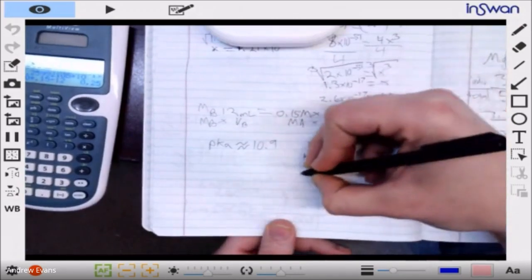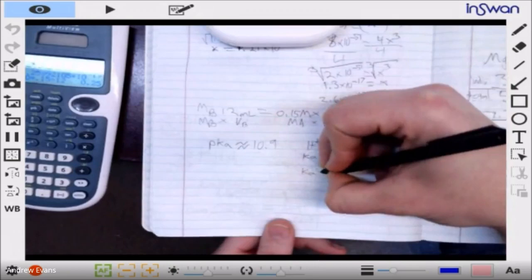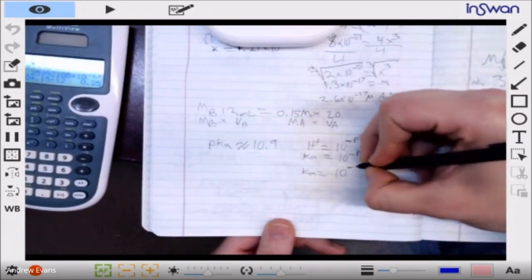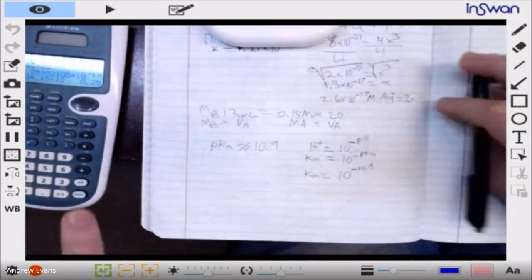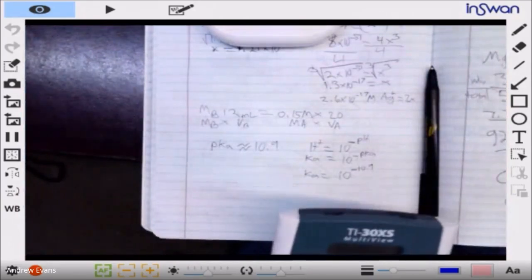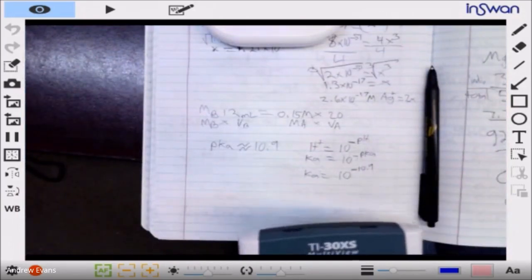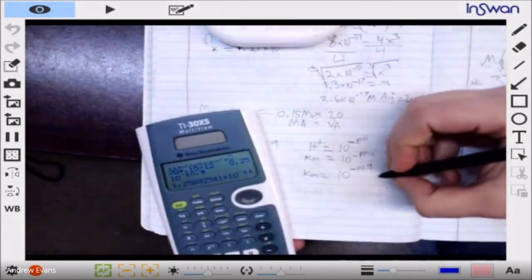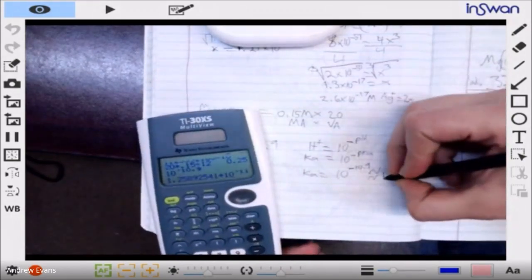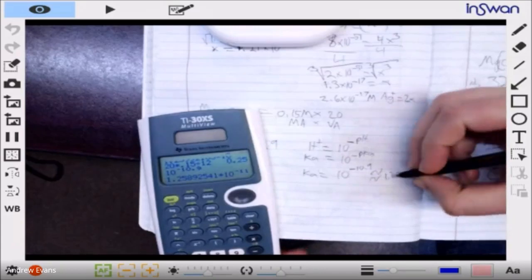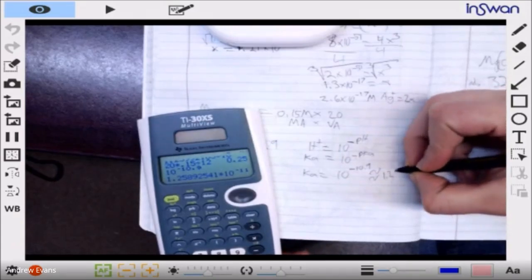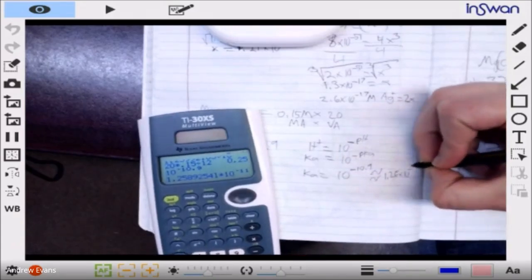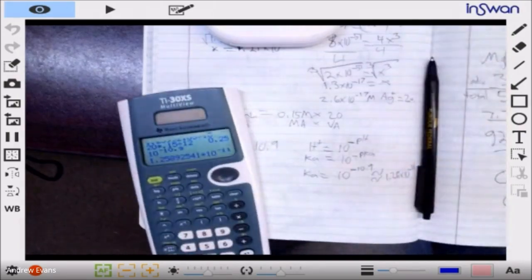So Ka is equal to 10 to the negative 10.9, which gives us a Ka of approximately 1.26 times 10 to the negative 11th. And that was the answer for that one.